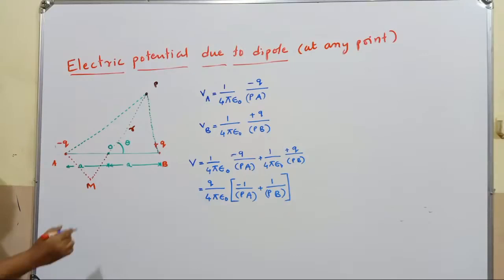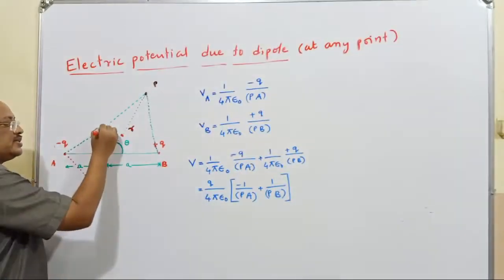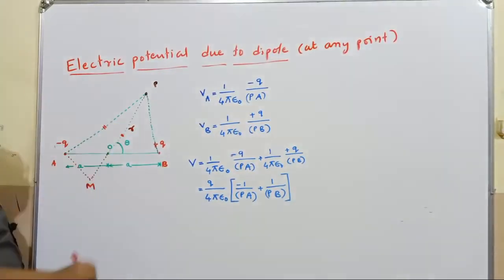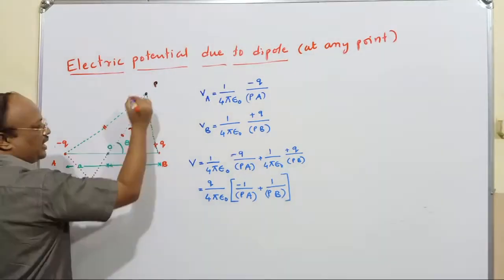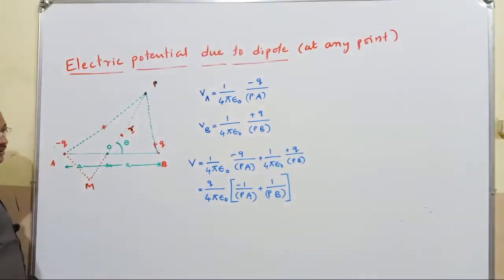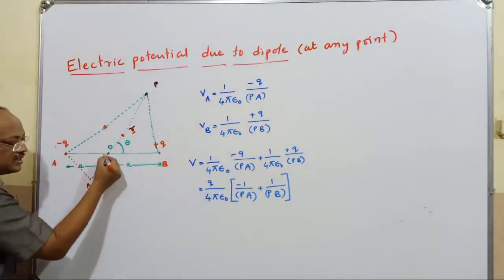So I assume this length is approximately equal to this length. Till here, O to P, I know it is r. But I have to find this length OM.